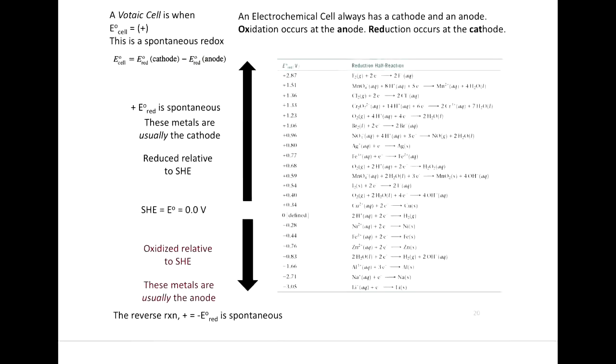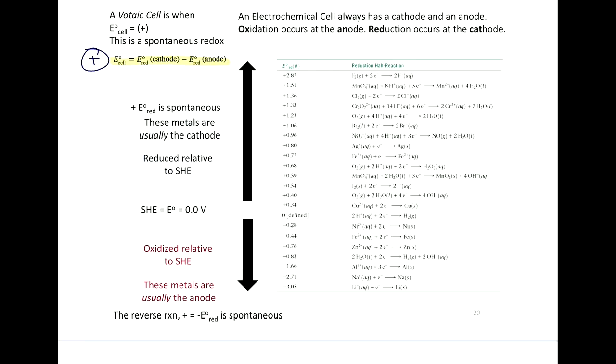Okay, so what does this table mean? All right, so in order to make a spontaneous voltaic cell, when the overall cell potential of your anode and cathode is a positive number, that is a spontaneous voltaic cell. So how do we calculate our cell potential?